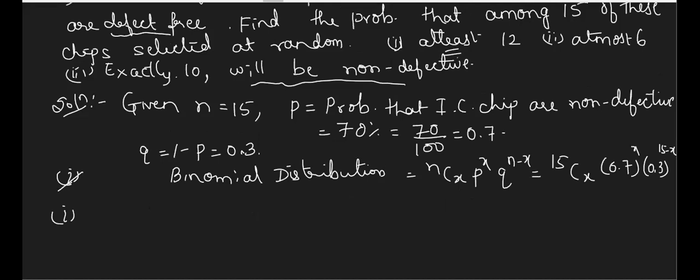At least 12 means what you should find. But you should write in wording, sir, that should give some meaning. At least 12 means? Greater than or equal to 12. Very good. So minimum is 12, maximum it may go till? Okay. 15.